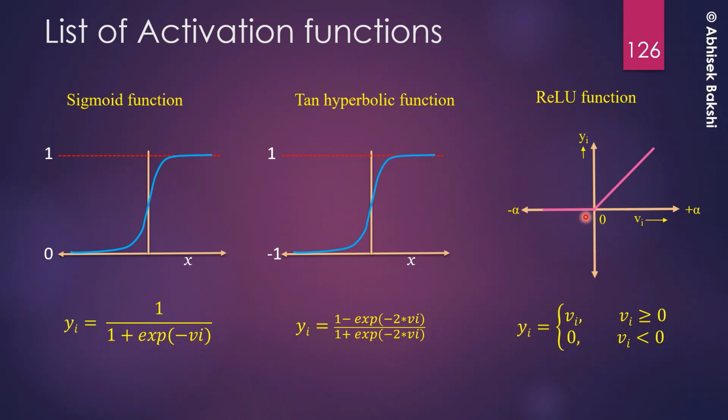So that means if input is more than 0, then it's linear, output equal to input. But if input is less than 0, then it's not exactly output equal to input, but it is some function of the input. That's why the curve will not be exactly in opposite order, but it's a bit bifurcated, just like a refraction diagram you see in physics.